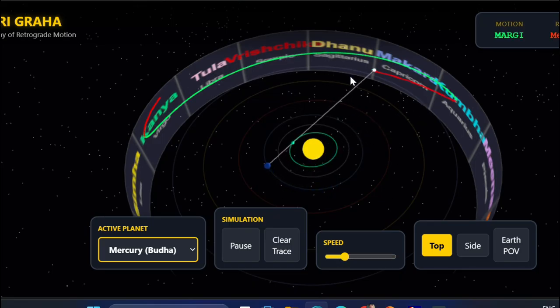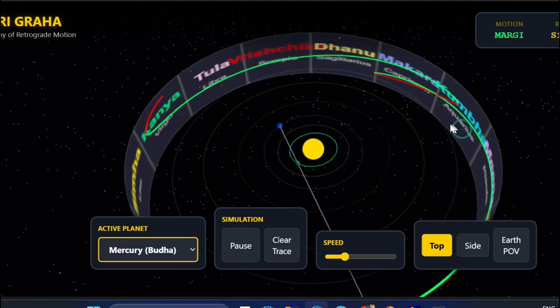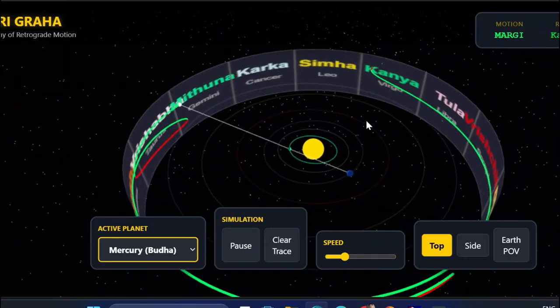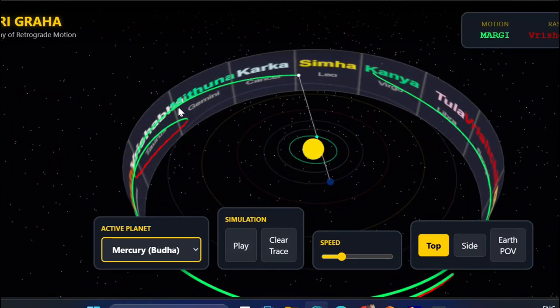Now it has got retrograde again. When it is getting retrograde, it crosses one full sign, and then it becomes direct. So these characteristics are very important. We should understand these things.